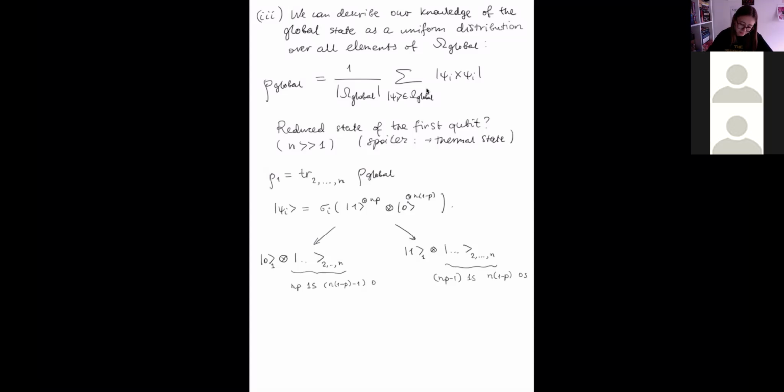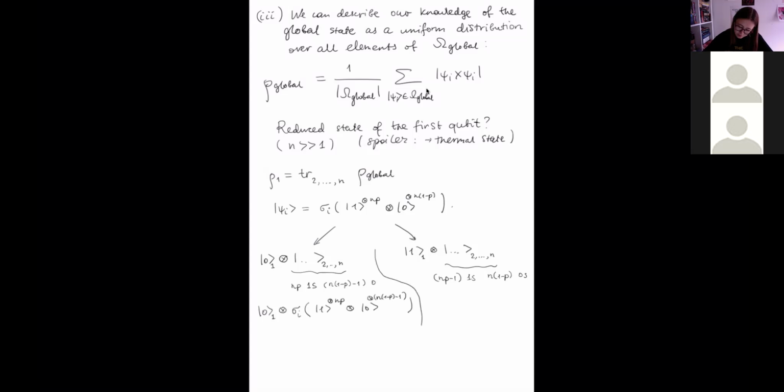All right, so we can actually rewrite how the states look. For the subset of the states which start with 0 on system 1, we can write them as 0 on system 1, tensor product all possible permutations on the state which has np 1s and n(1 minus p) minus 1 zeros.